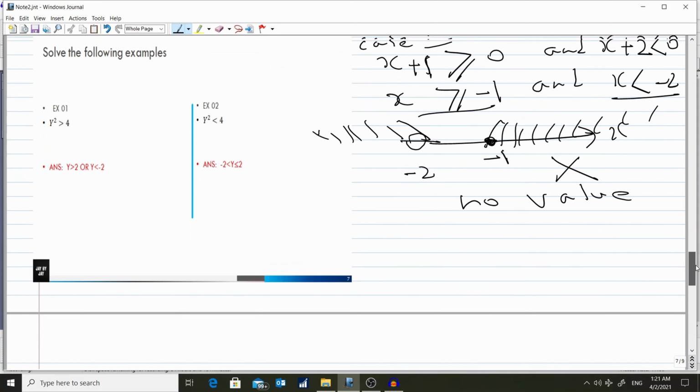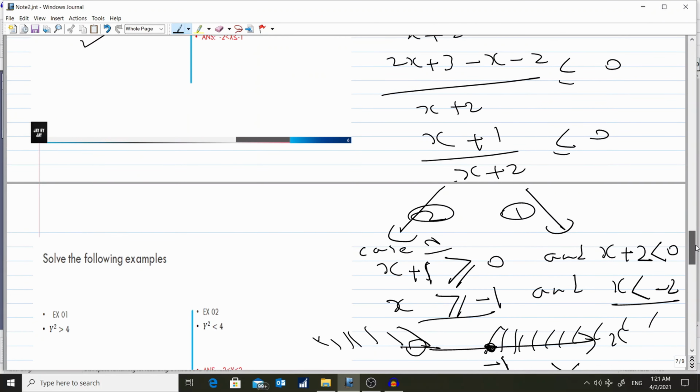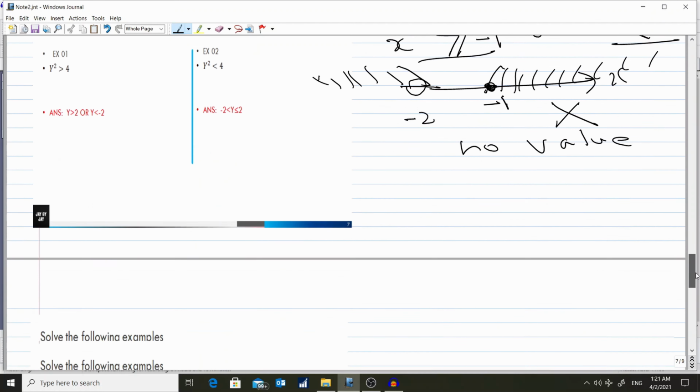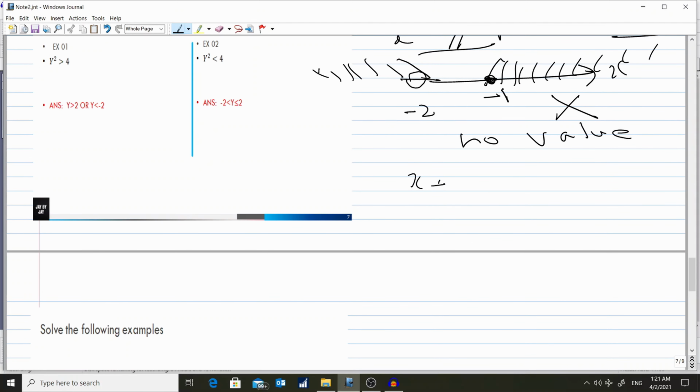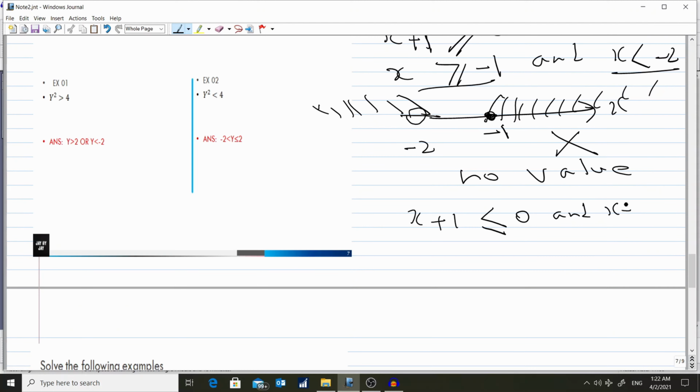Case 2: here x plus 1 is less than or equal to 0 and x plus 2 is greater than 0.